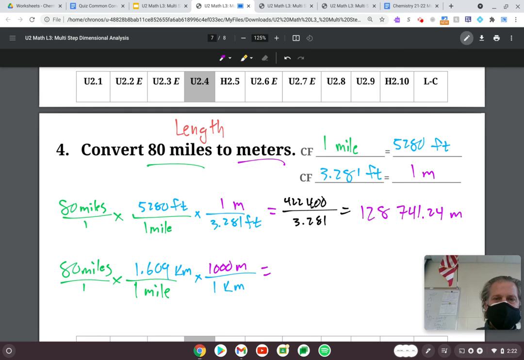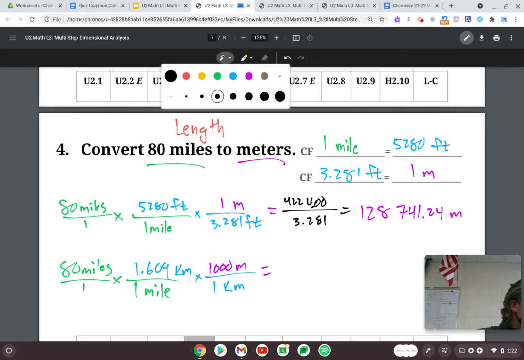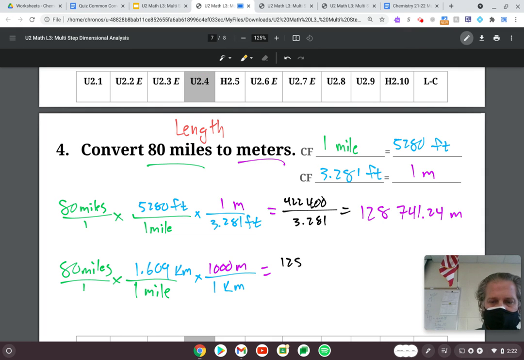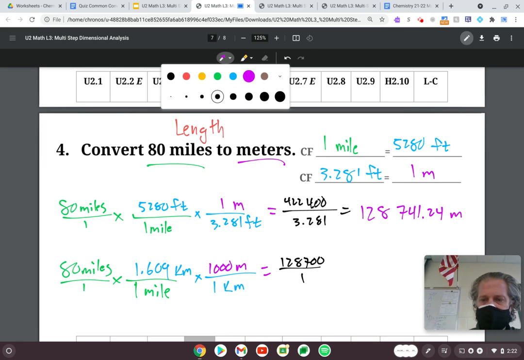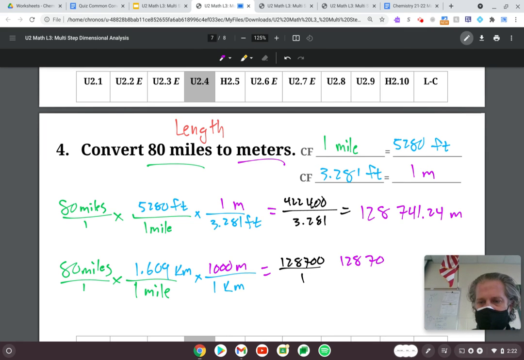And when you do that, you get this, and both of these are correct.